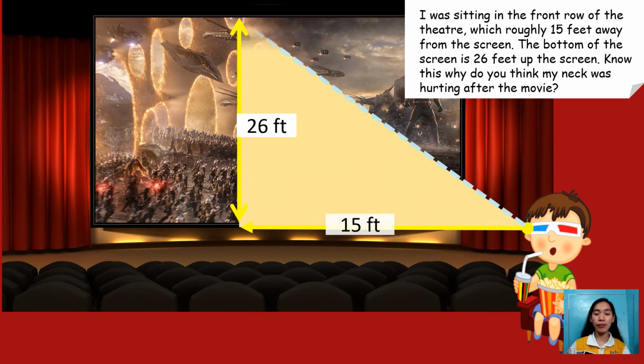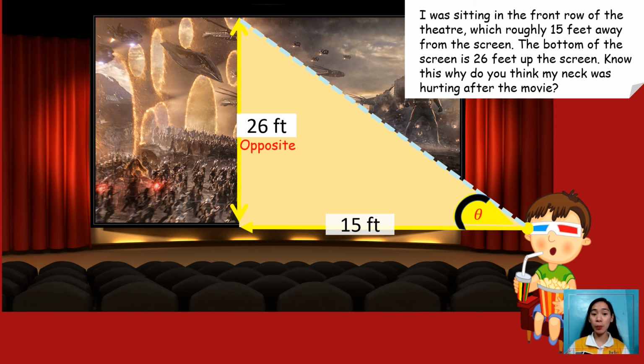So given these sides, we can have now a right triangle. So using this given, we can now solve for the angle of elevation. Since from this theta, the opposite side of it is 26 feet.